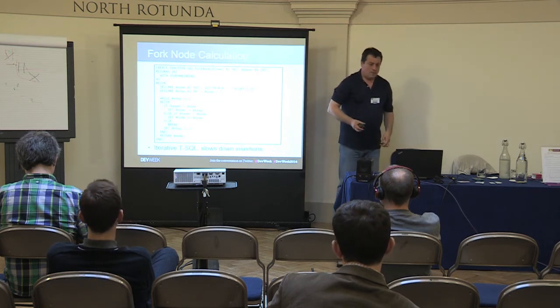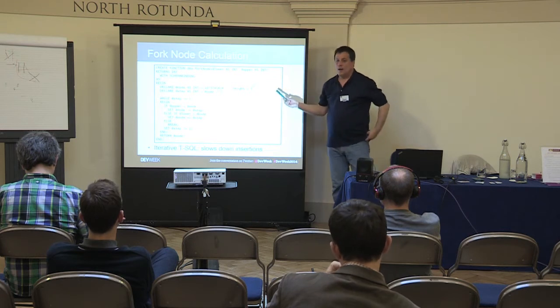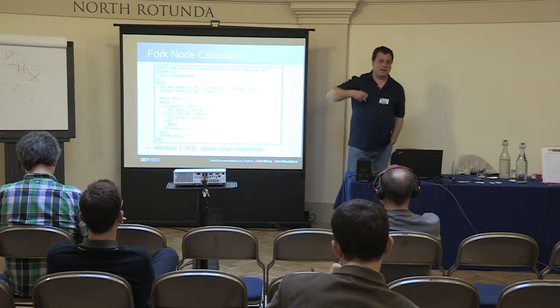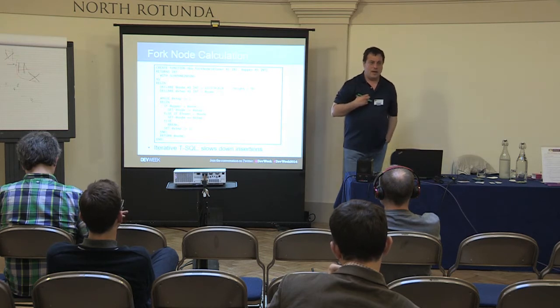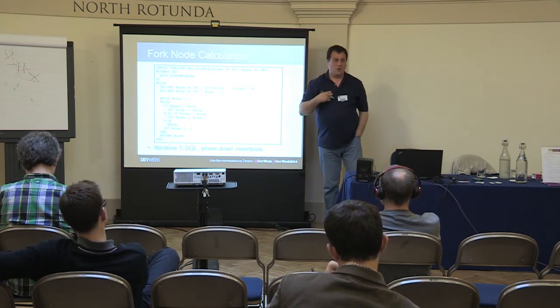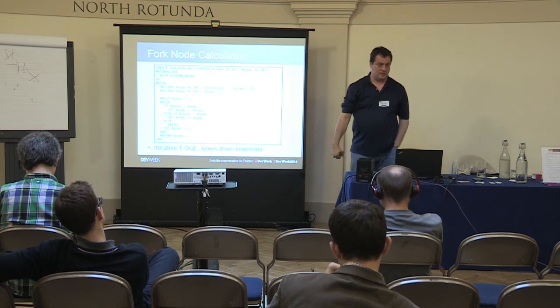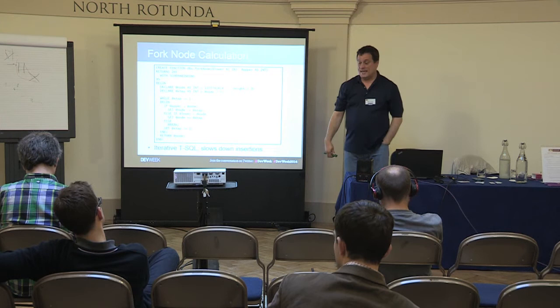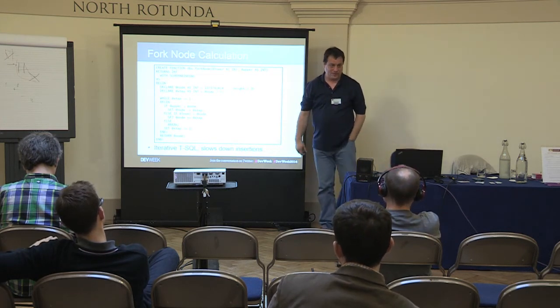Now, first, this is the problem. You see, Kriegel, Pötke and Seidl said, okay, let's calculate this fork node, and once we have it, we can create an index, and then we can make these queries a little bit more efficient. Yes, but how do we calculate this fork node?